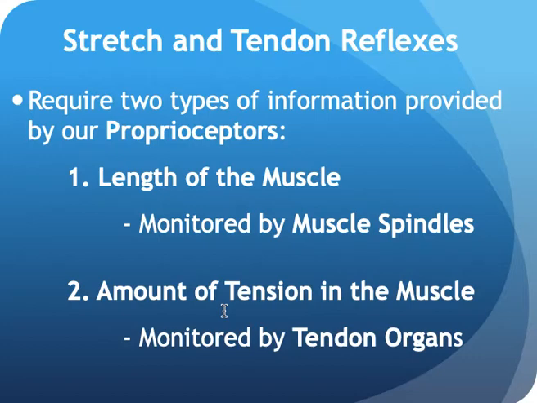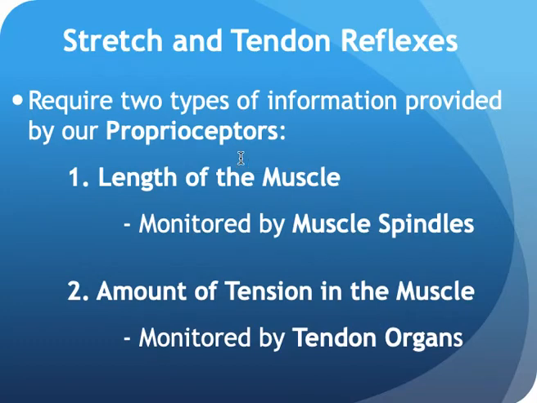So we have these stretch and tendon reflexes. We've talked about a few of them before, but they're going to require two types of information provided by these proprioceptors. These are our receptors that are going to monitor specific things. One is going to monitor the length of a muscle, and that's going to be our muscle spindles, okay? And then we have another one that's going to monitor the tension in a muscle, and it's going to be monitored by these tendon organs, okay?